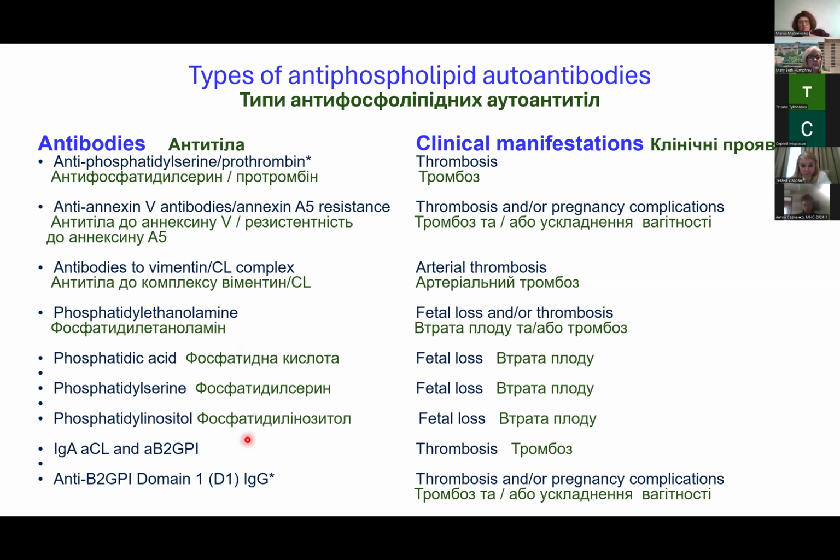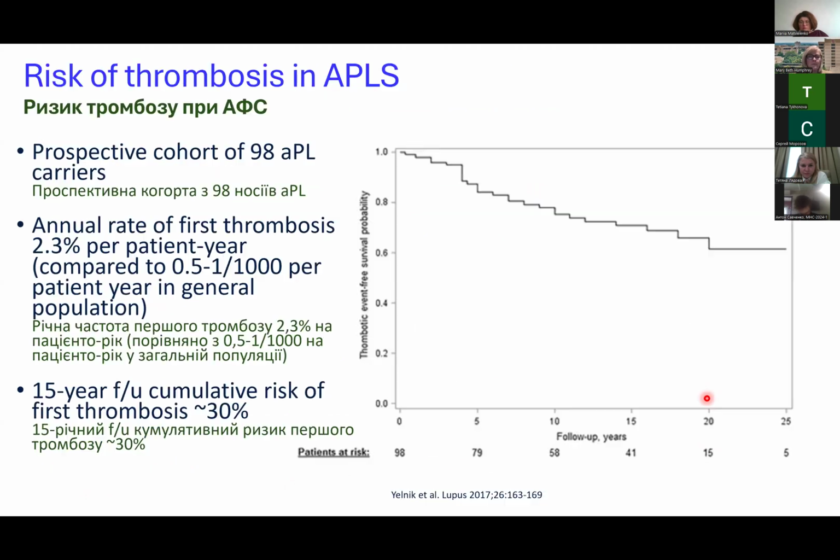And then all of these here are at high risk for fetal loss. And then the IgA antibodies for thrombosis. And again, the beta-2 glycoprotein domain 1 antibodies, thrombosis or pregnancy complications. So depending on what your patient has, you can have a best guess at what their complications may be, which can help you decide on what therapies they need to be on, which we'll talk about.